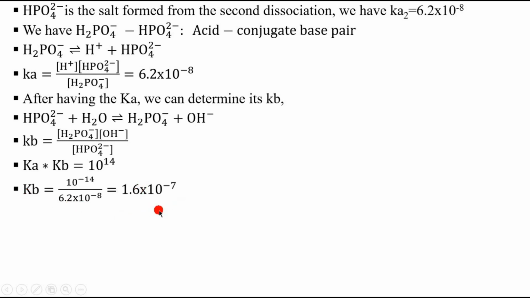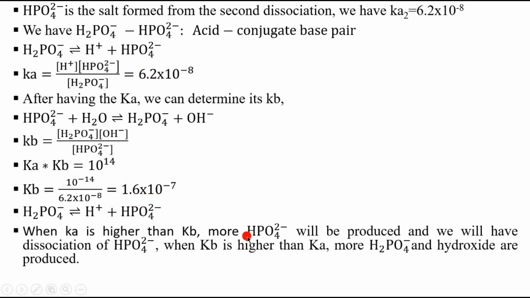Now, as long as you have the Ka and the Kb, you compare them. If you have a Ka and Kb, you need to choose which one is going to dominate.